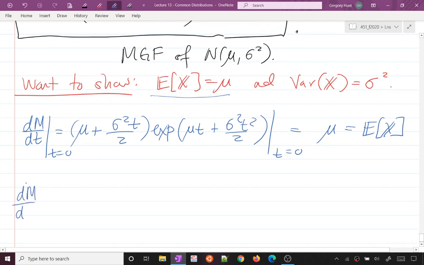Let's take another derivative. Let's look at the second derivative of this thing. So you need to do product rule, but it's not too bad. The derivative of this first part is just going to be sigma squared over 2 times the exponent times the second part, which is exp of this thing, right?